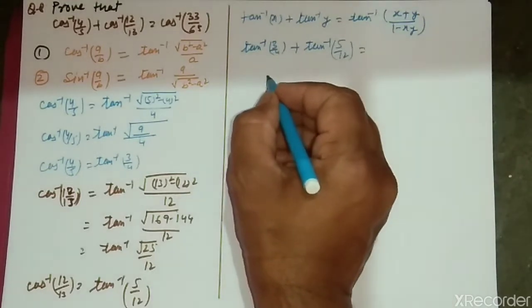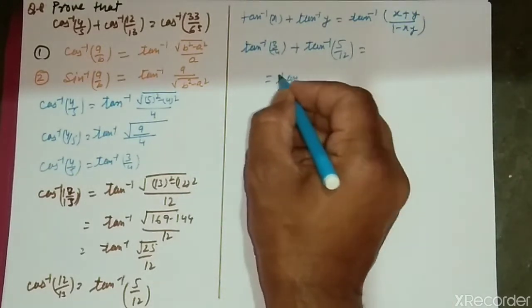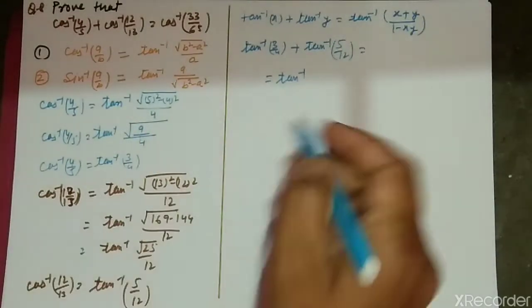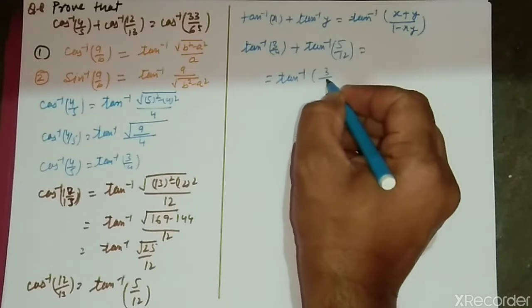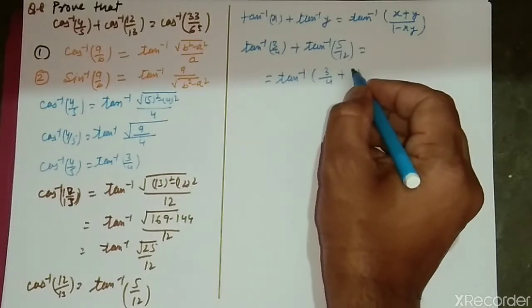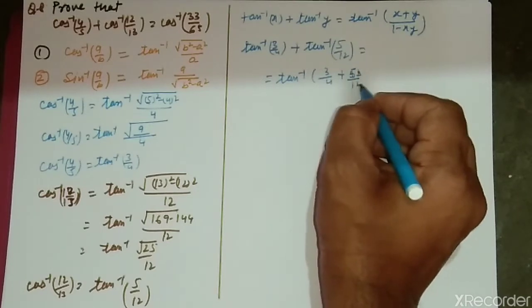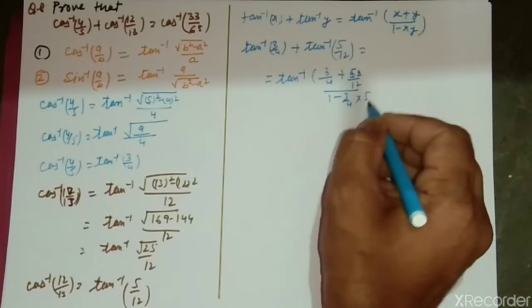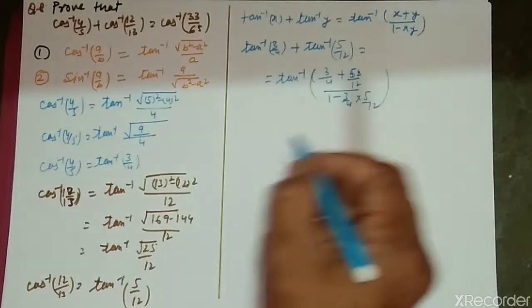So we can write it as tan inverse of (x plus y), that means 3 upon 4 plus 5 upon 12, upon 1 minus 3 upon 4 into 5 upon 12. Clear?